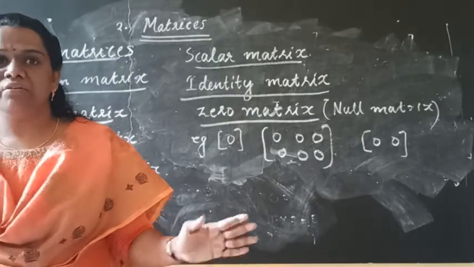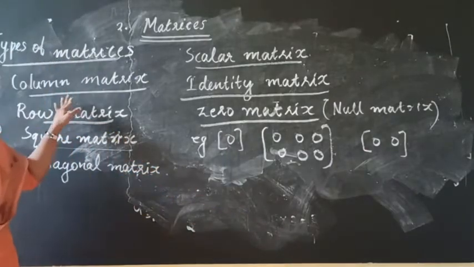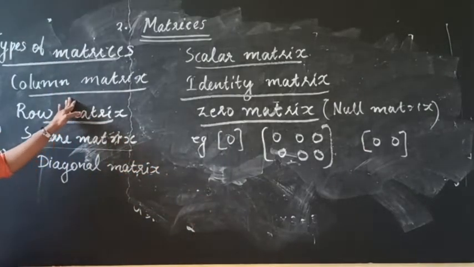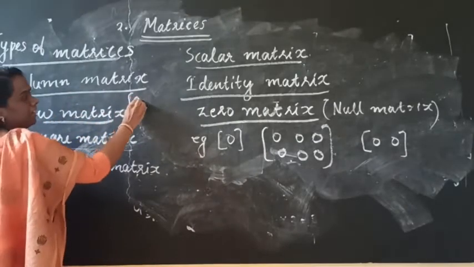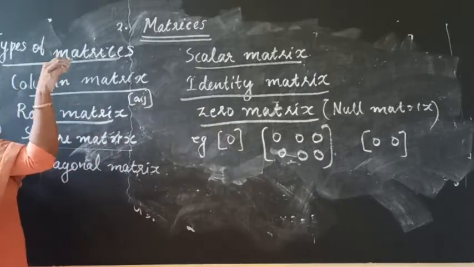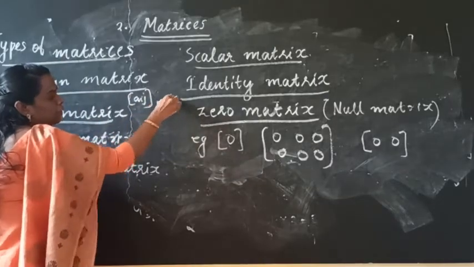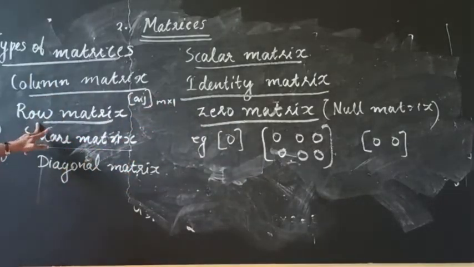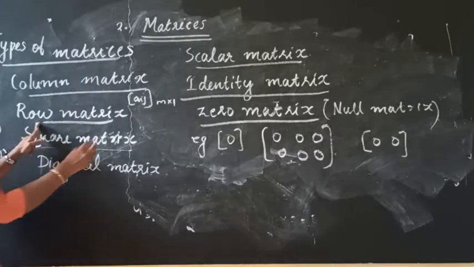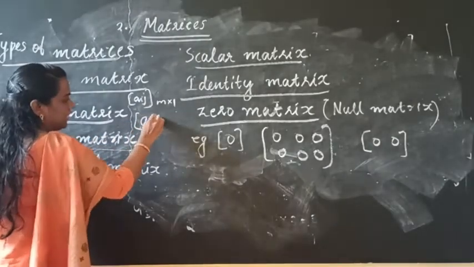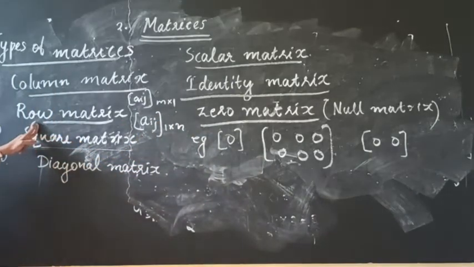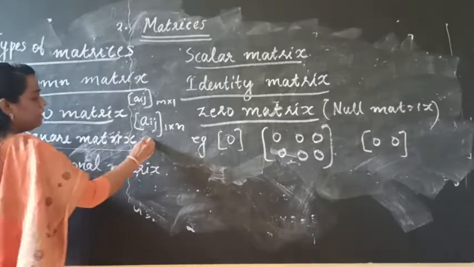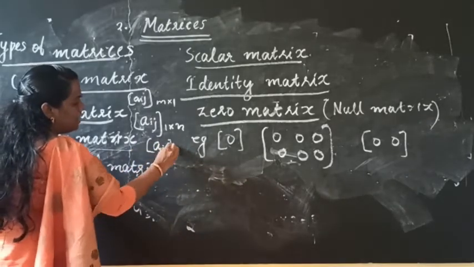First column matrix: one column only, in general form Aij of order m into 1. Row matrix means one row only, 1 into n. And a square matrix means the rows and columns are the same.